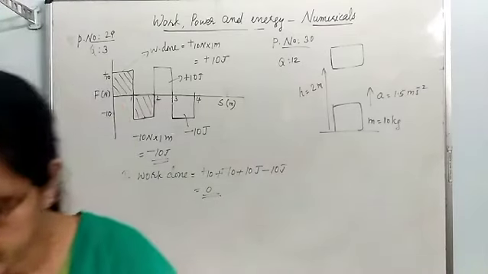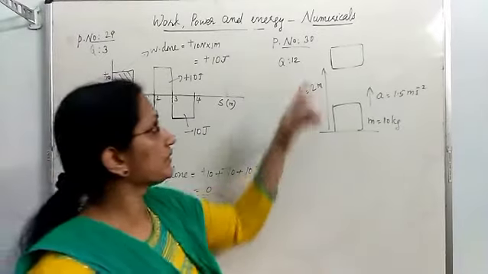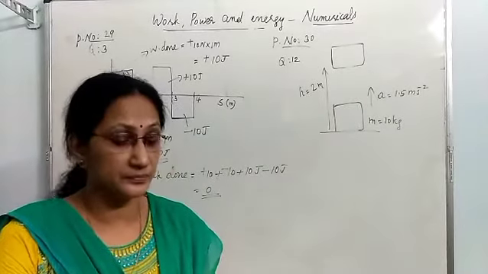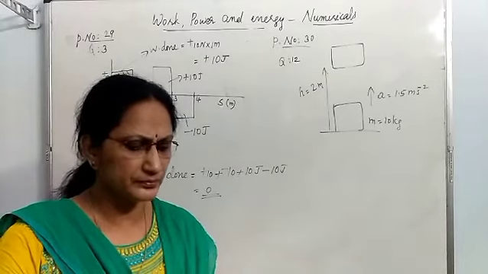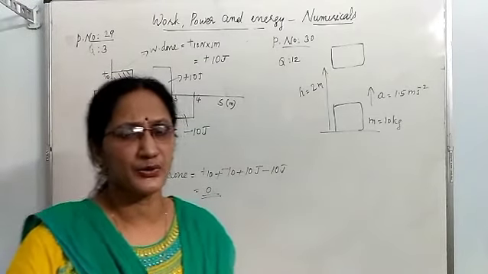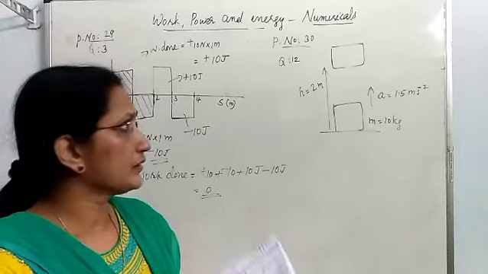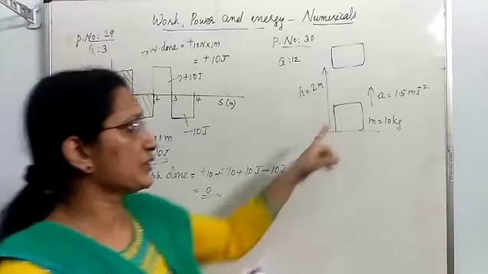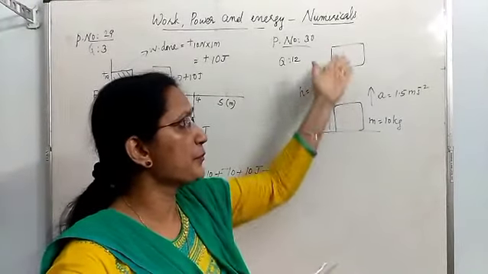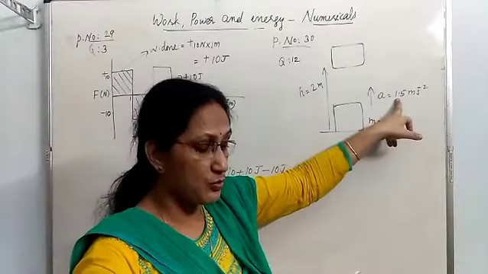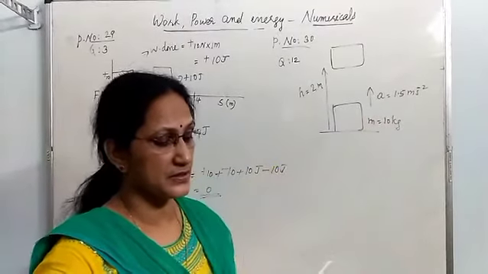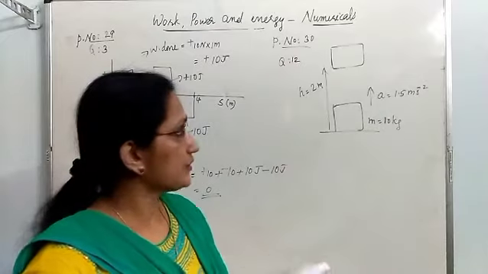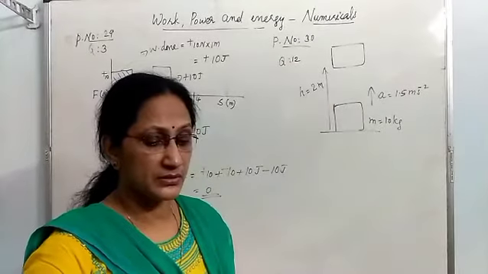Then next, page number 30, question number 12. This is a little high level question. A body of mass 10 kilogram is moving upward with an acceleration of 1.5 meter per second square, and it goes up by 2 meter.